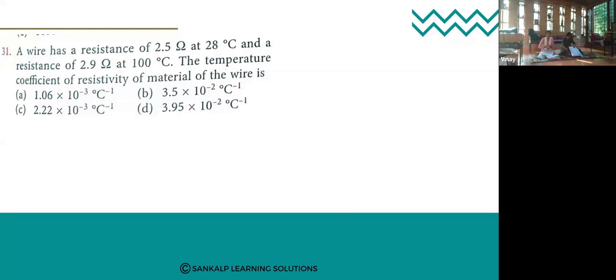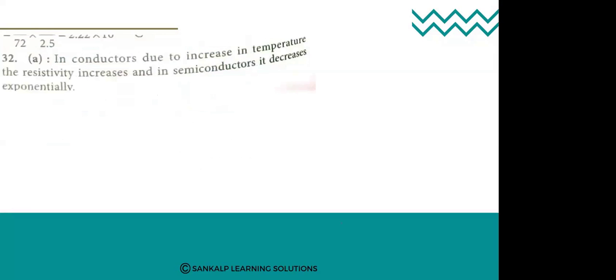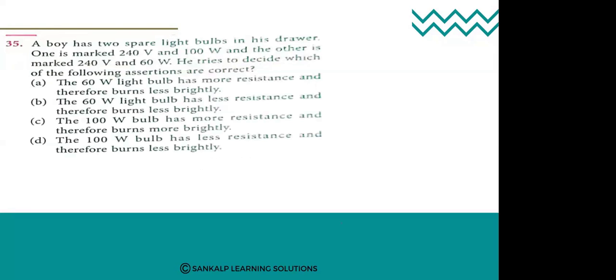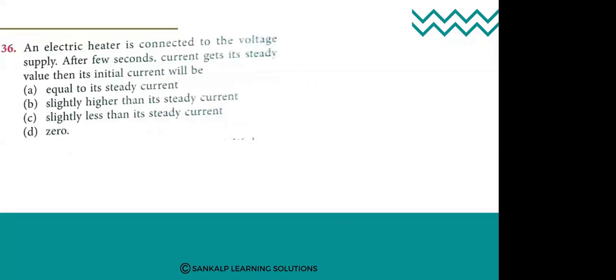Okay, next. Okay, see this. An electric heater is connected to the voltage supply. After a few seconds, the current gets its steady value. Then its initial current will be. So see the question here. You have the electric heater which is connected to the voltage supply.